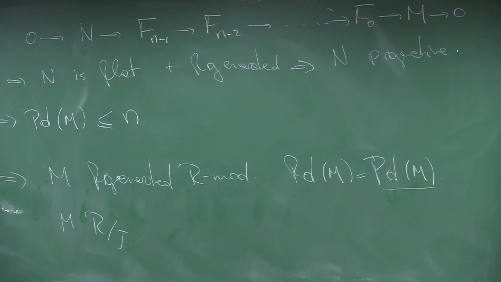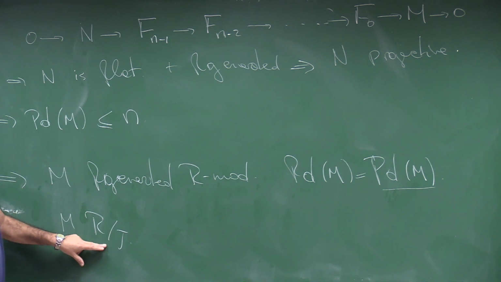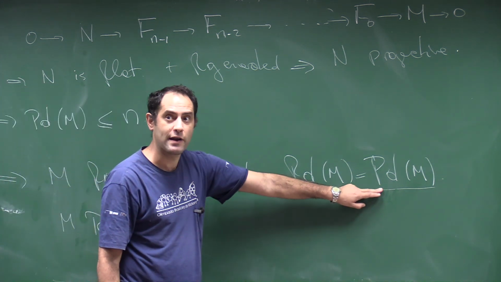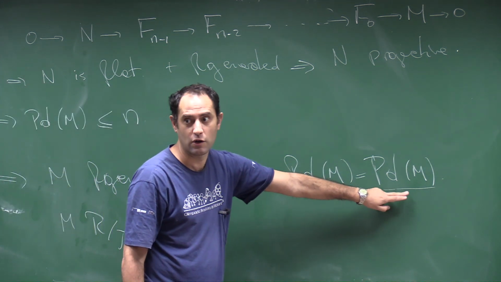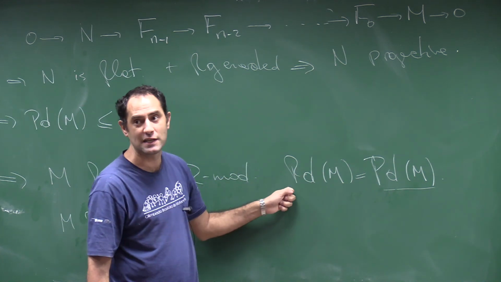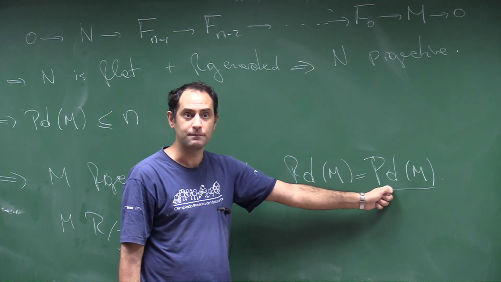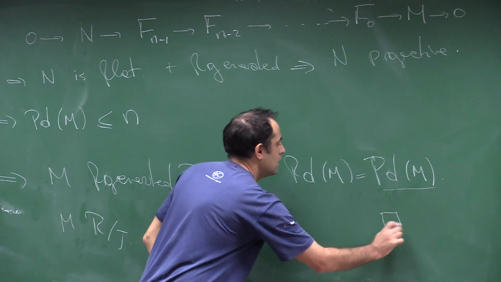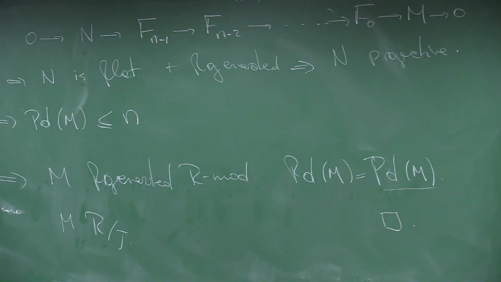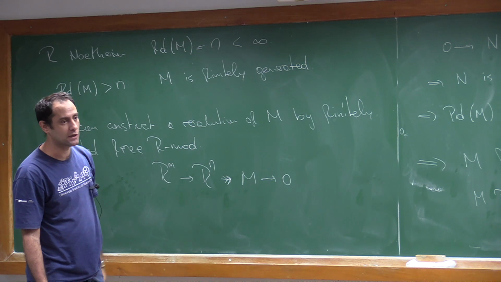And those are finitely generated. So it's enough to check for finitely generated modules what the global dimension is. And for flat dimension, it doesn't matter because this one is always less or equal than that. So this proves that for Noetherian rings, flat dimension and global dimension are the same thing.